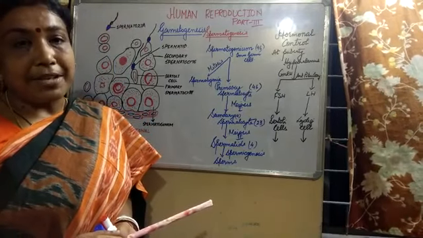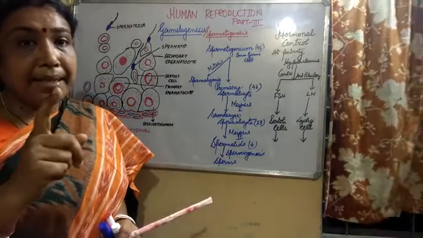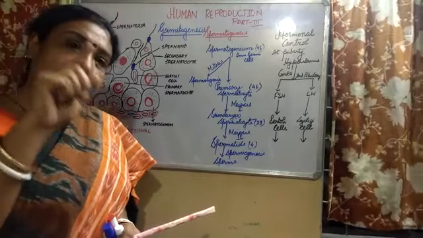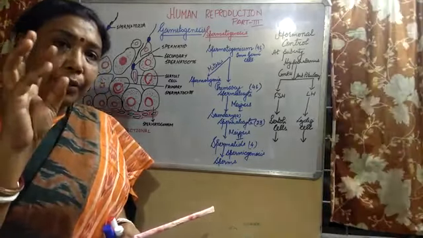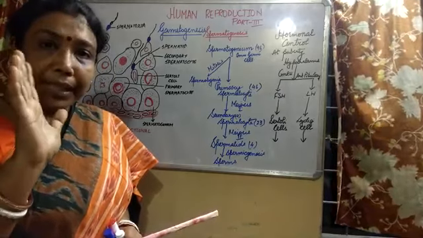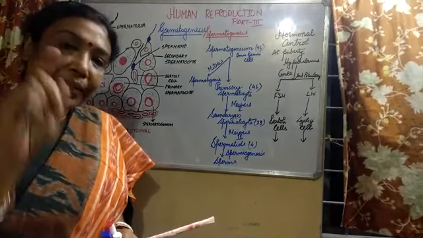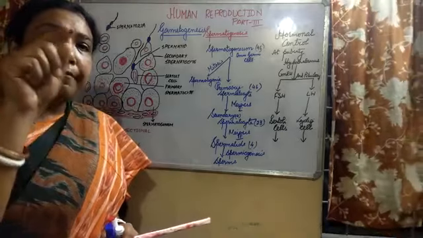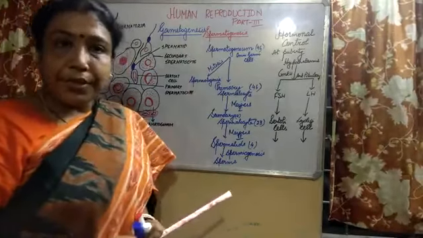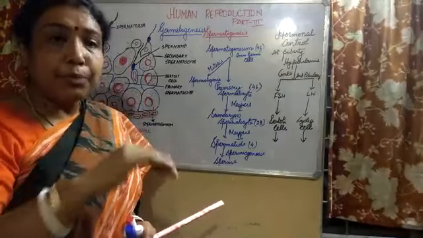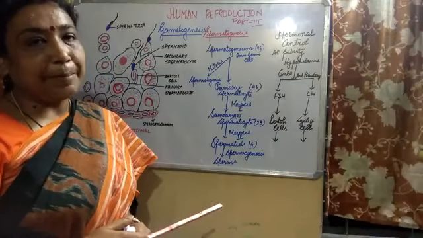So again I am repeating that immature germ cells in the seminiferous tubules are known as spermatogonium. This spermatogonium will undergo mitosis, to increase their number to produce more spermatogonium.